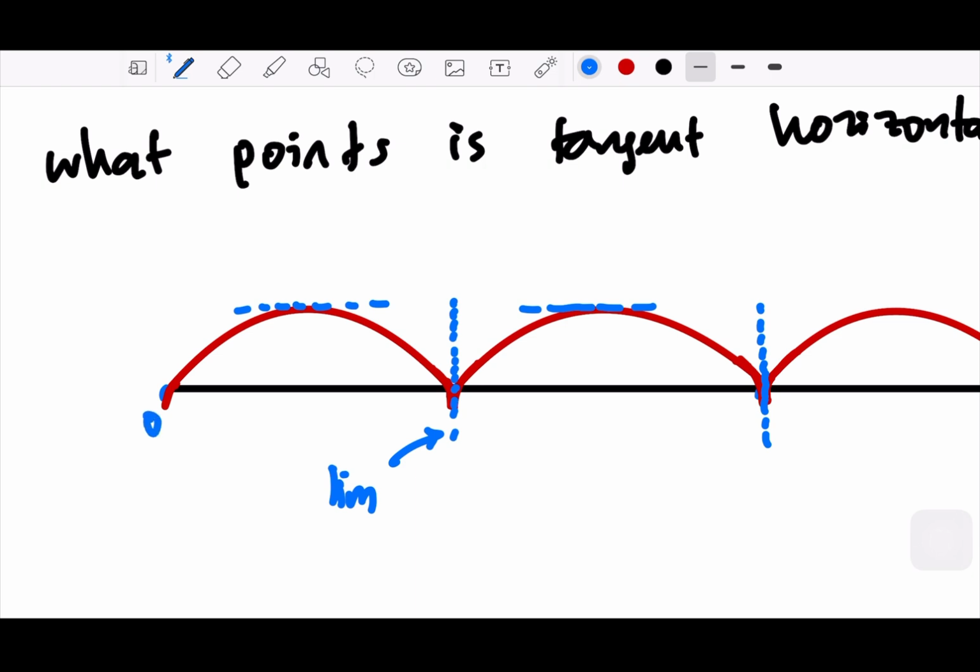If this is 0, then this should be 2 pi r, 4 pi r, etc. You can try it using the limit. As theta is approaching 2 pi, let me just write n because it can be 4 and multiplication of that.